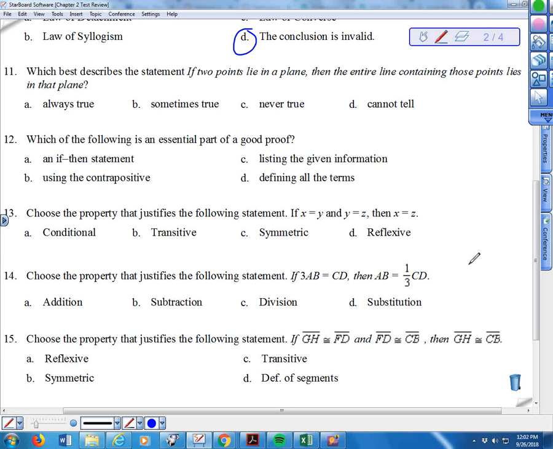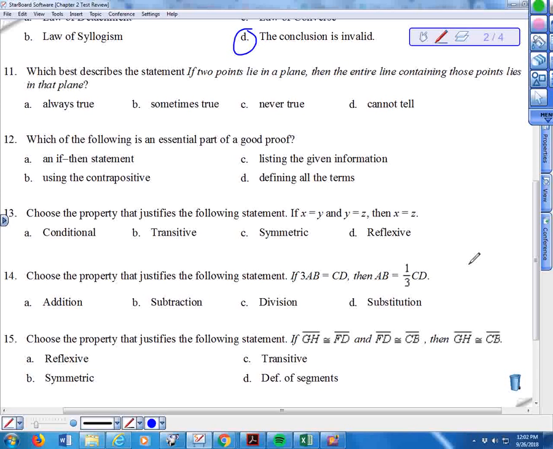Always true. If 2 points lie in a plane, so if I have these 2 points sitting on a piece of paper, and that paper goes on forever, and this line goes on forever, that whole line will be contained in that plane going on forever. So that's always true. I can't think of a counterexample, one that wouldn't be true.